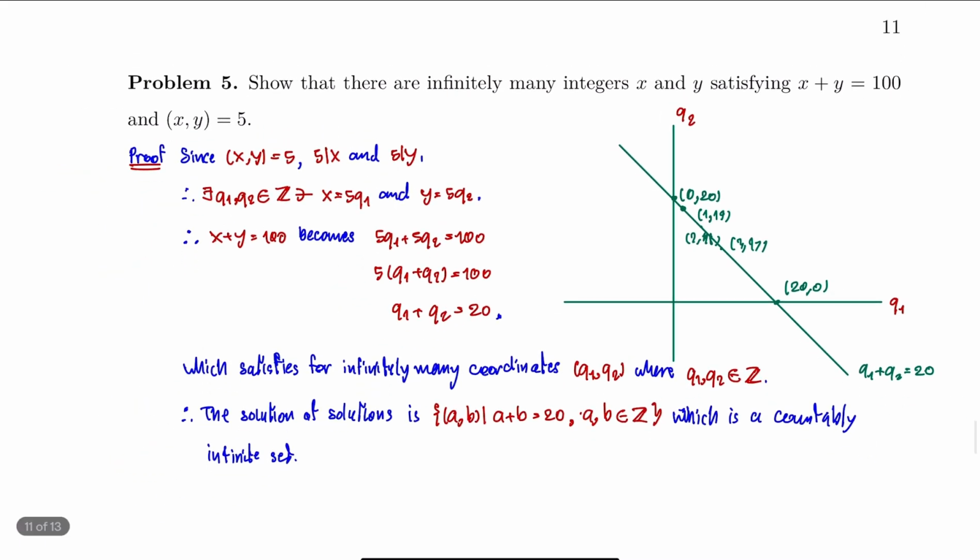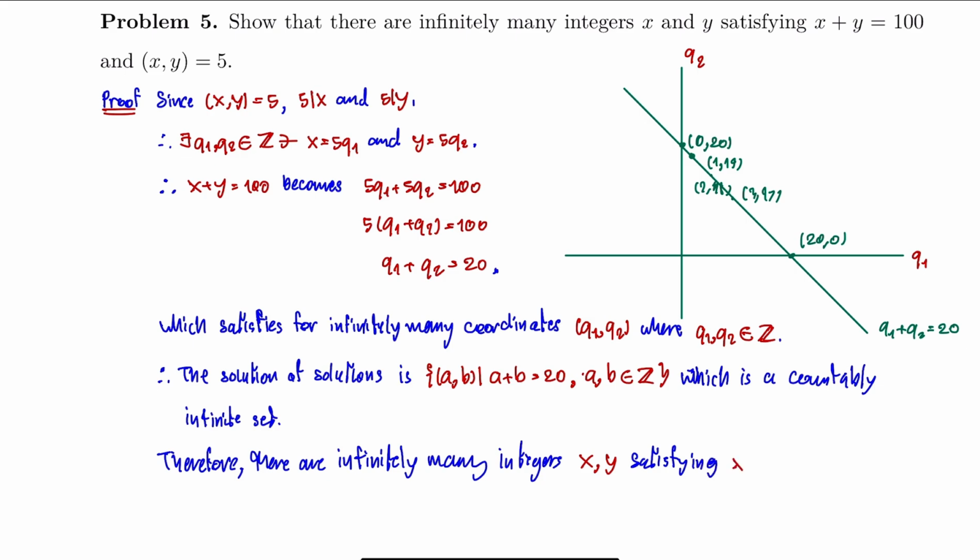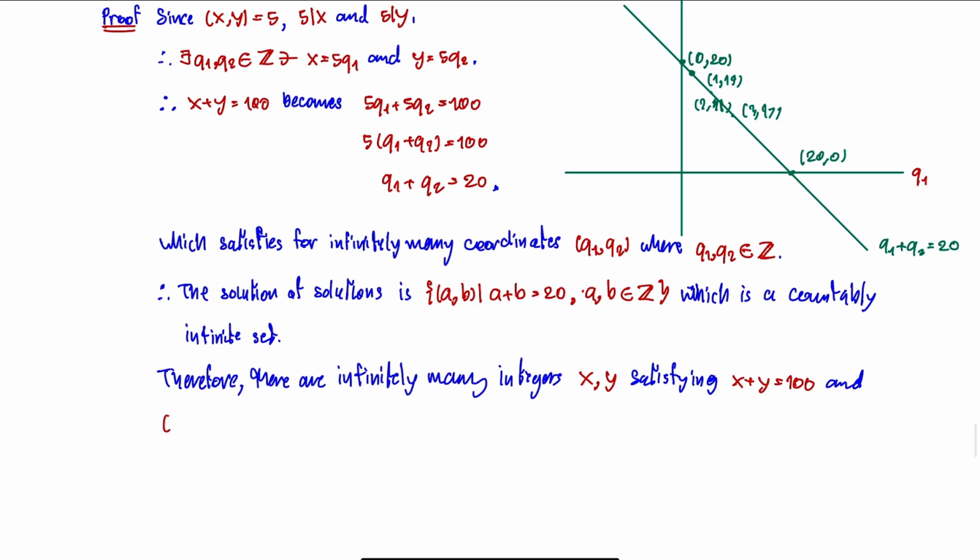That's it. Therefore, there are infinitely many integers x and y satisfying x plus y equal 100 and the greatest common divisor of x and y being 5.